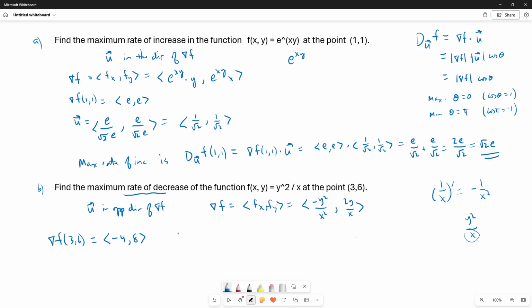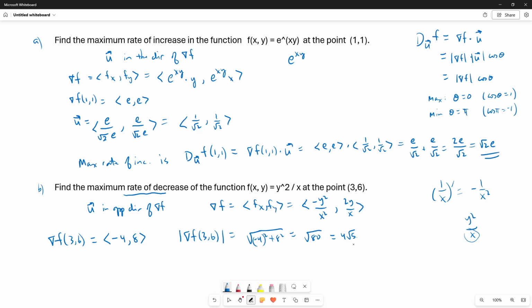So this vector, the gradient, has a magnitude of the square root of negative 4 squared plus 8 squared, and that's the square root of 16 plus 64, that's 80, and that's 4 times the square root of 5.